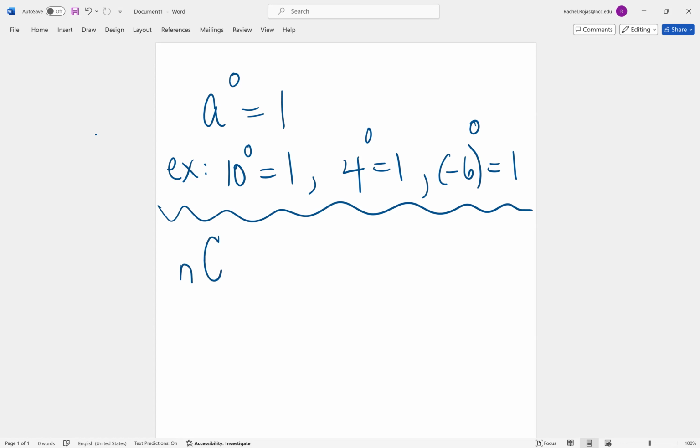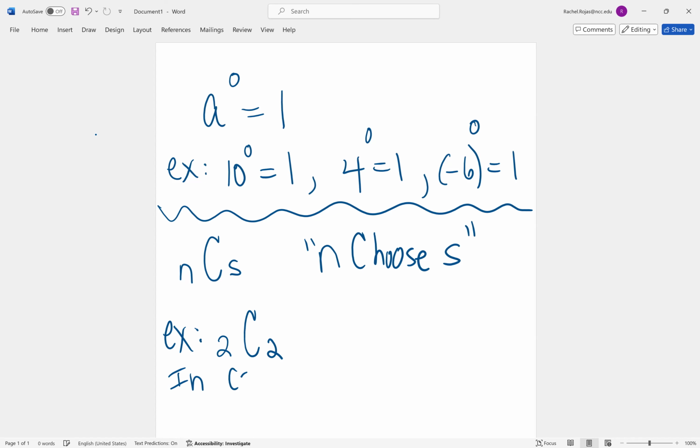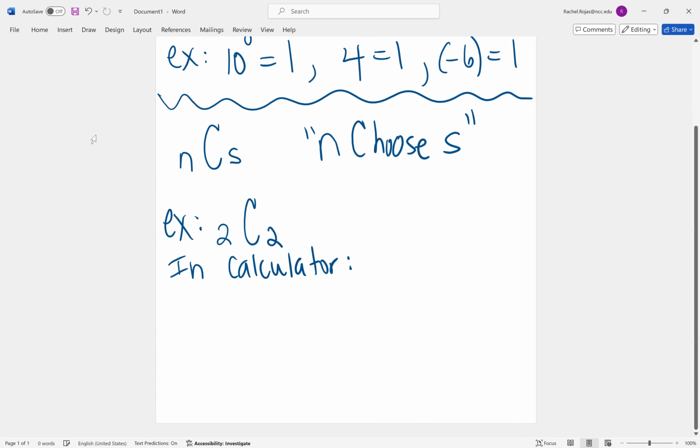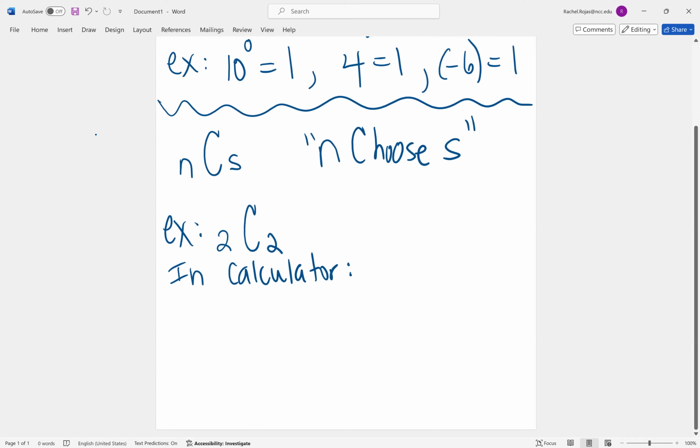So n choose s. For example, the one that we're doing for this example is 2 choose 2. So if I want to do 2 choose 2 in the calculator, first we're going to press 2.